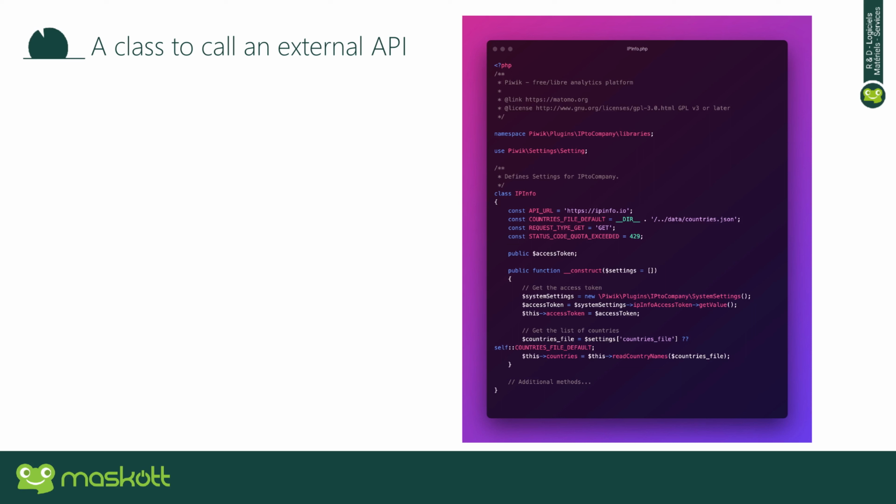And if you look at the construct method of this class, I'm calling the system settings class that I created with a specific method called getValue, which will allow me to get the value of the access token that has been set by the user. So afterwards, I can perform some tests on this value to make sure that it's not empty, etc. But here is the way to get the value of the settings and use them. It's pretty straightforward, 2 lines.